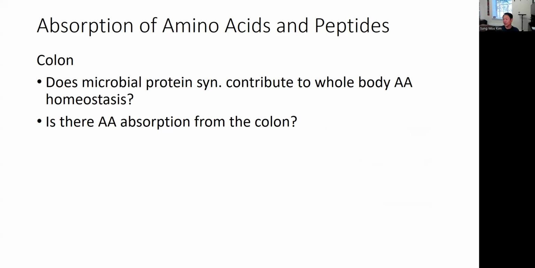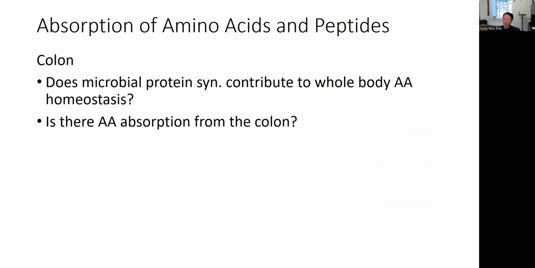In the large intestine, undigested proteins can be utilized or fermented by microorganisms, and they secrete proteases, and the protein becomes small peptides or amino acids. So there will be some free amino acids and small peptides in the lumen of the colon. So the question is, what happens to those in the colon? Okay.